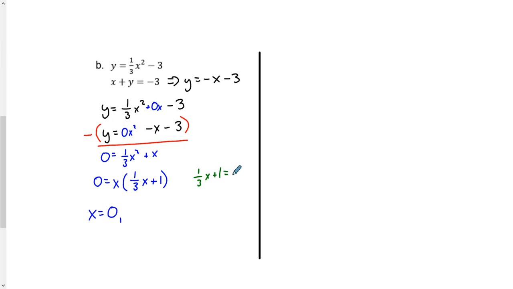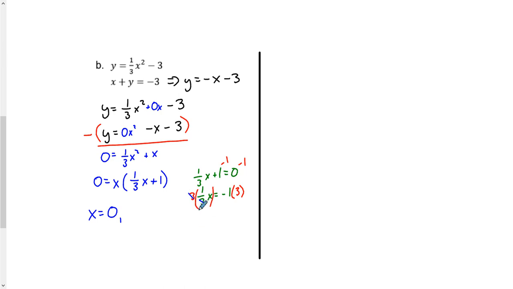1/3 x plus 1 equals 0. Well, we have to subtract the 1. 1/3 x equals -1. And then we need to try and get rid of this. So either we divide by 1/3, or another way of getting rid of this 1/3 is multiplying both sides by 3, because that would eliminate the 3.